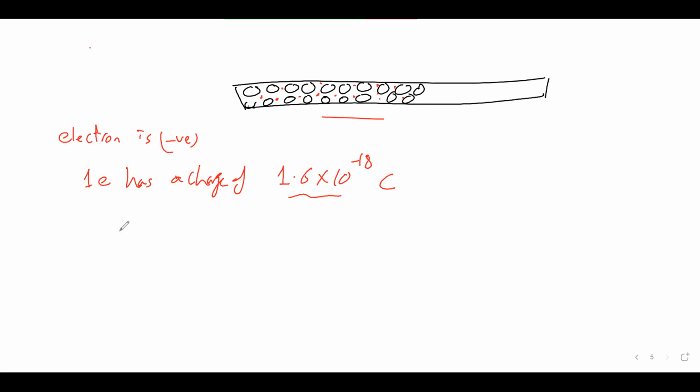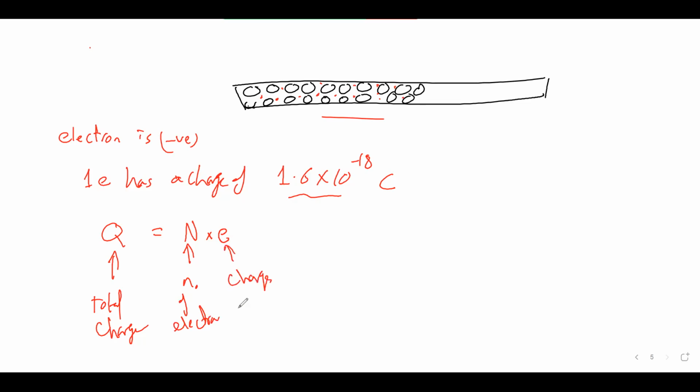Let it be Q. Q equals the number of electrons multiplied by the charge of each electron. Q is the total charge, N is the number of electrons, and E is the charge of the electron. So here's the first rule: Q equals N times E.